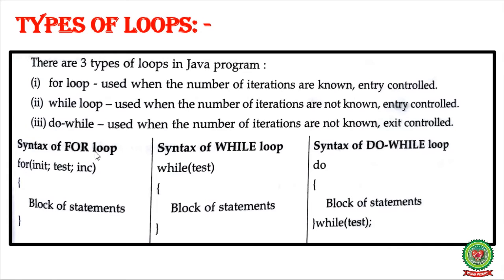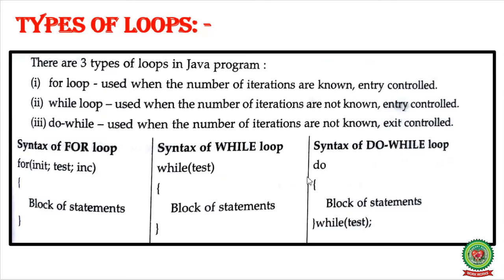Now, syntax of for loop: for, init means initialization expression, then test condition, then increment or decrement value, and in brackets we will write the block of statements. Syntax of while loop: while, test condition, then block of statements.